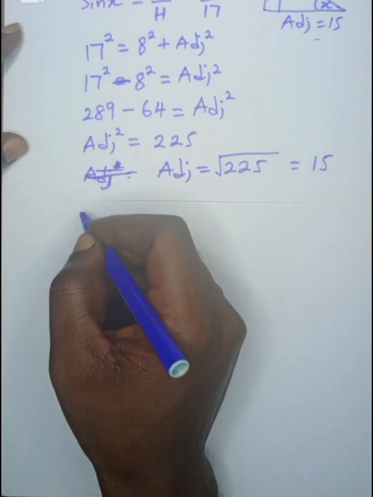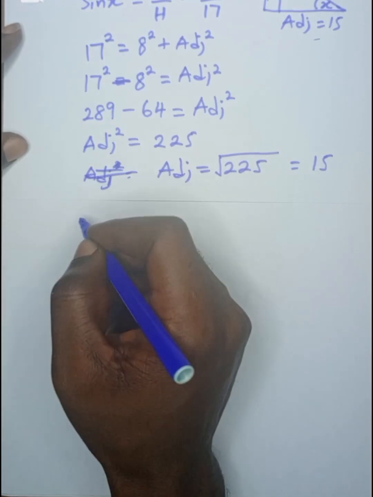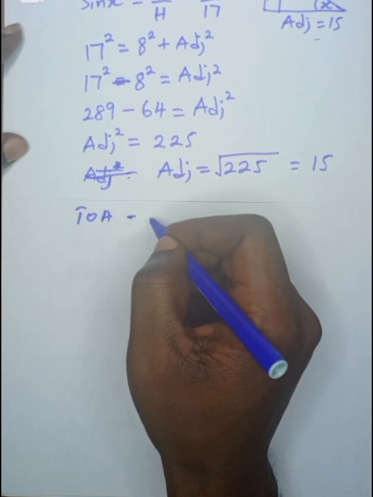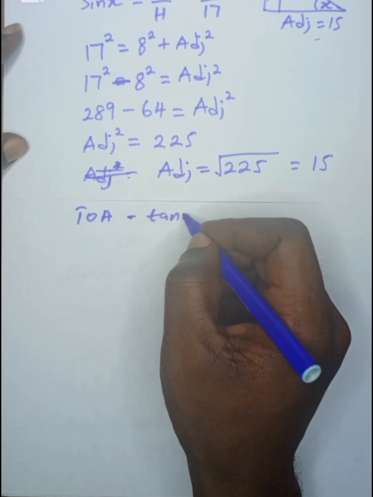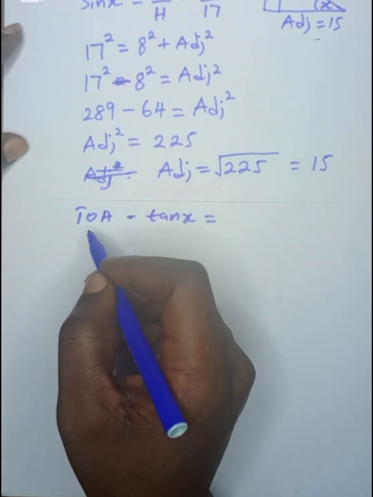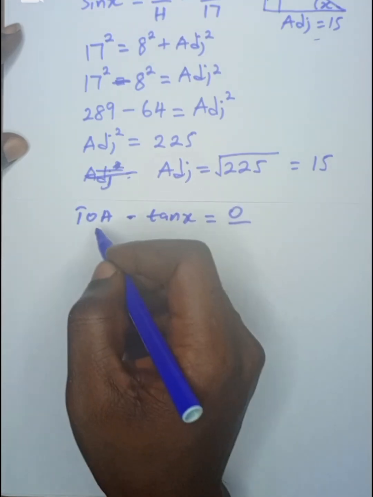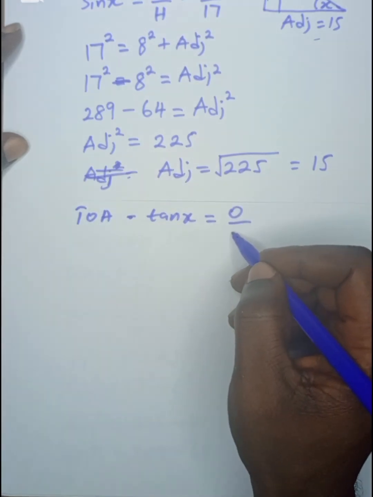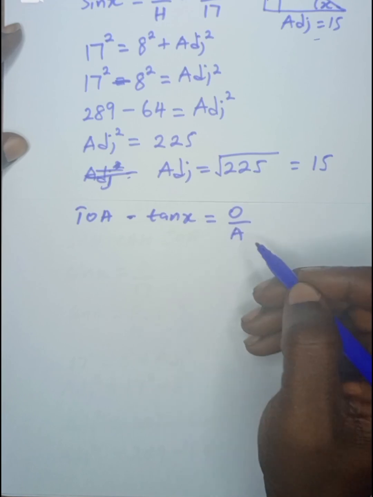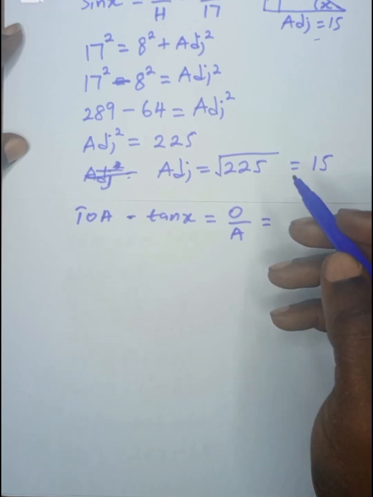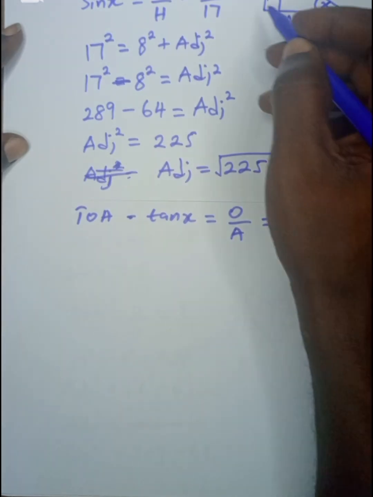Now we know that according to the trig ratio, tan x is equal to the opposite, which is O, over the adjacent. So we have the adjacent here. Now, according to the diagram that we have, what is the opposite?